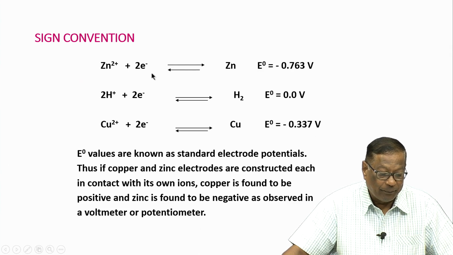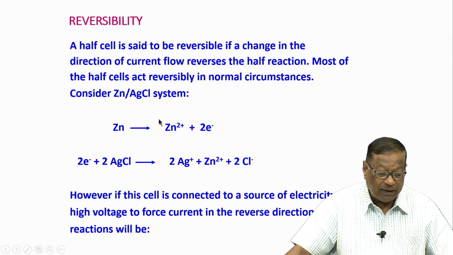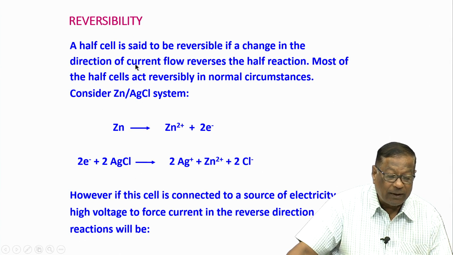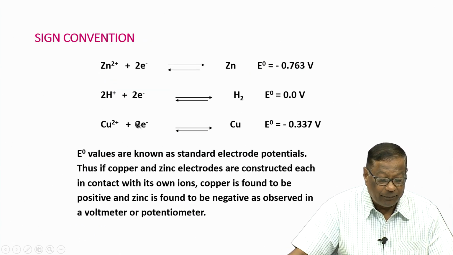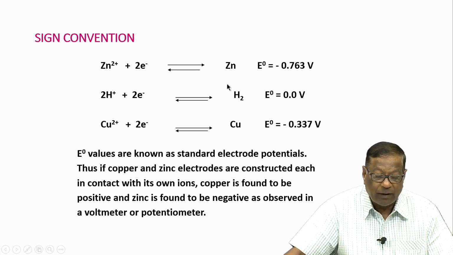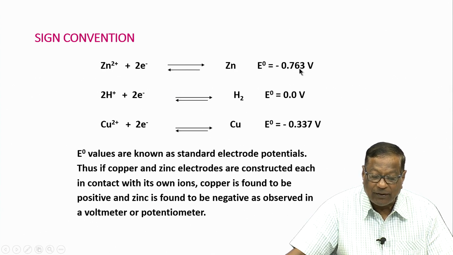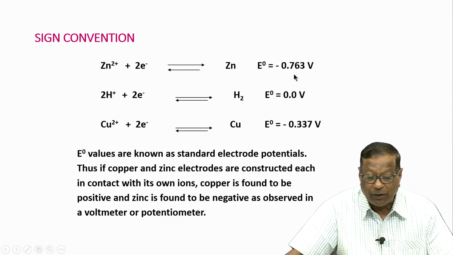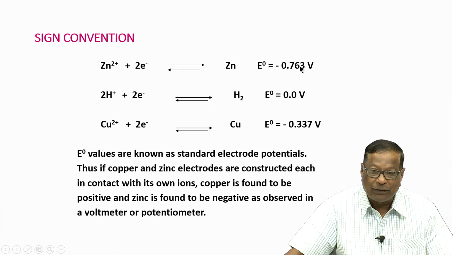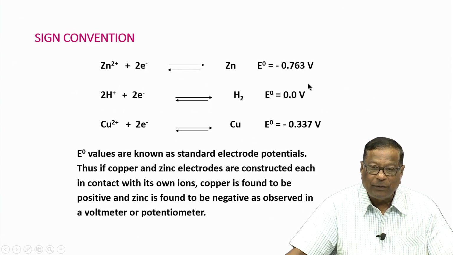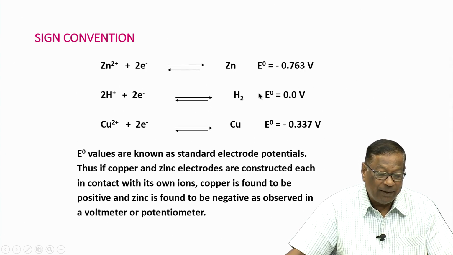So, the half cell reaction, if I connect this, I will get a difference of about 0.763 minus 0.337, that is approximately 0.4 volts. Okay. So, that is the utility of sign convention.